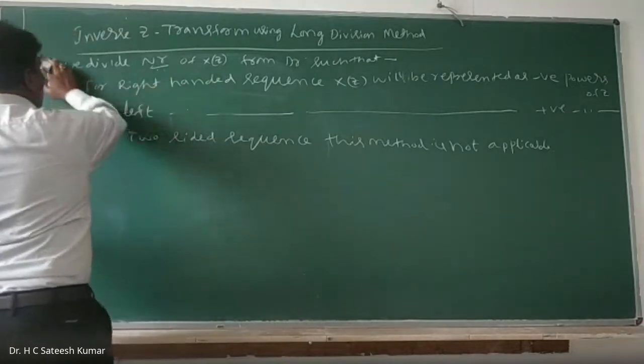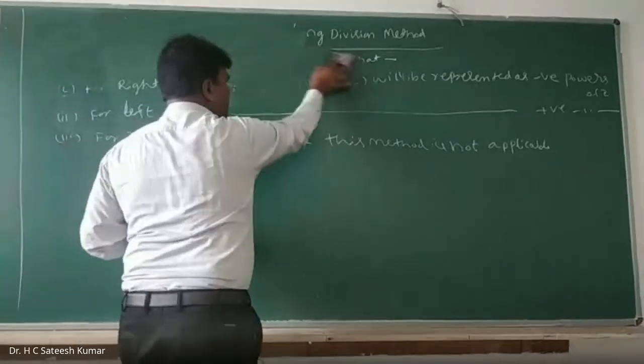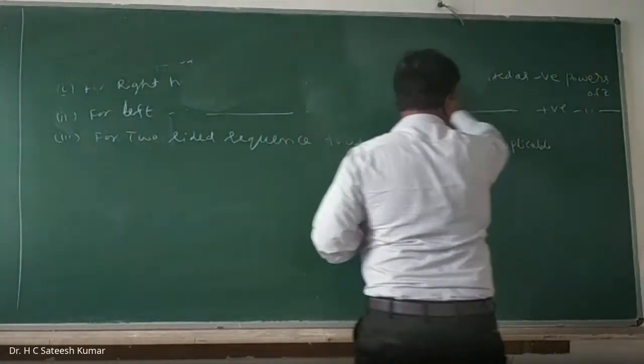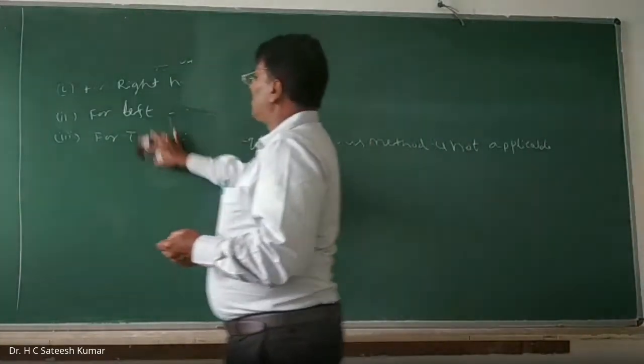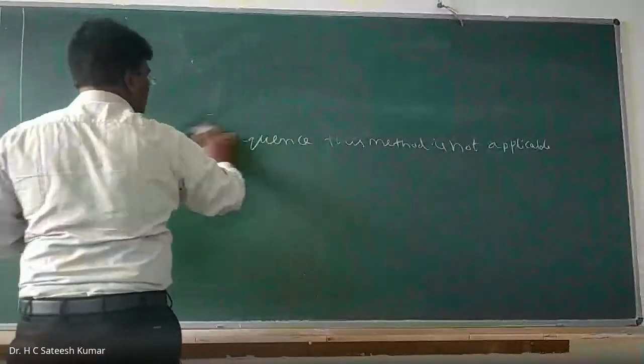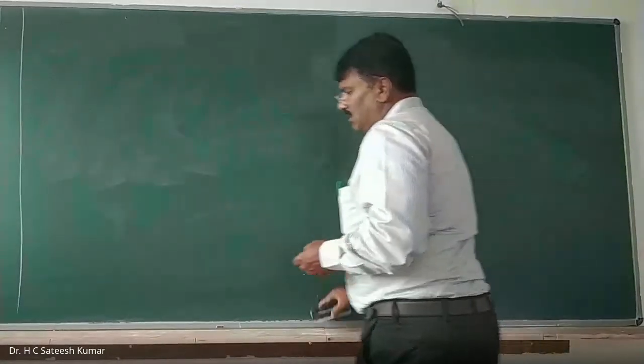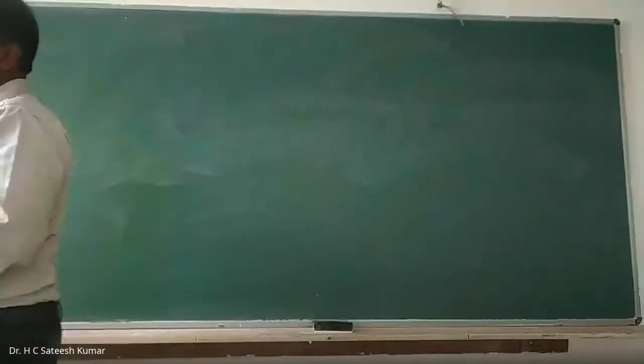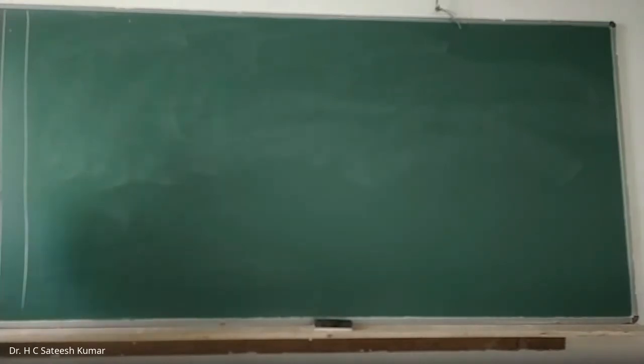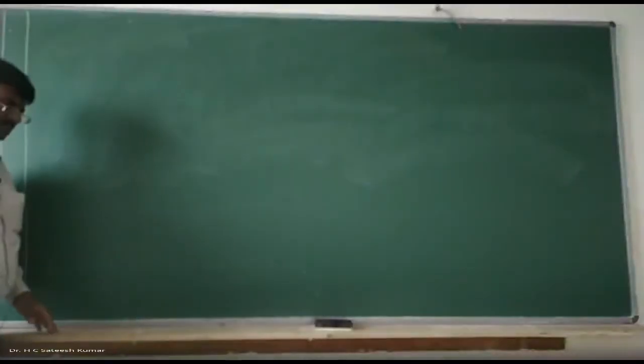Now I'll take one simple example. Unless they specify, don't do this method in the examination. If they specify, you have to do it in that method. If they are not specified, better to go for the partial fraction method.